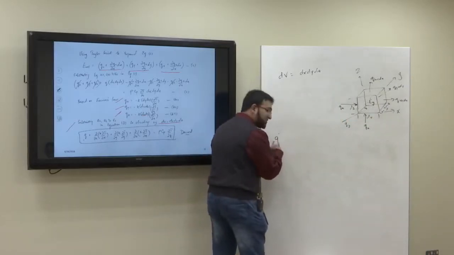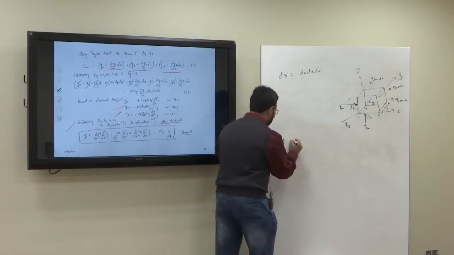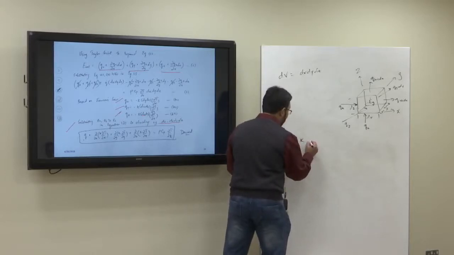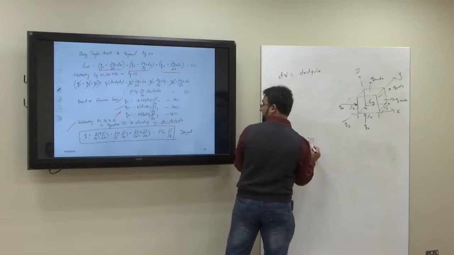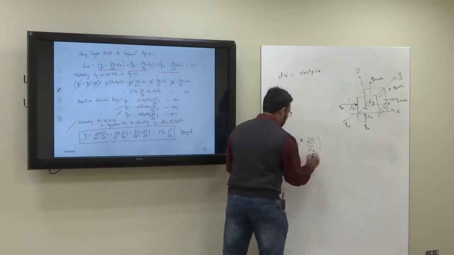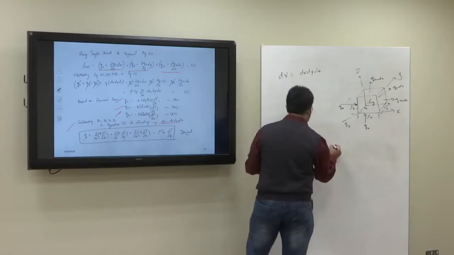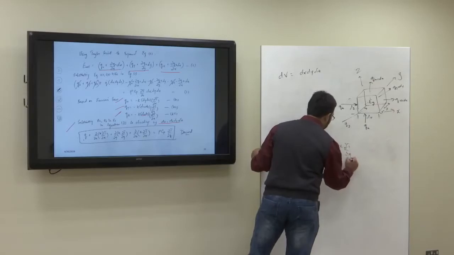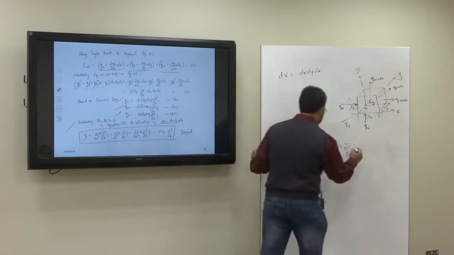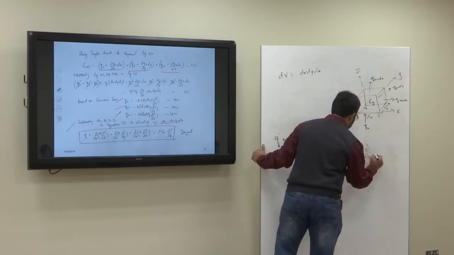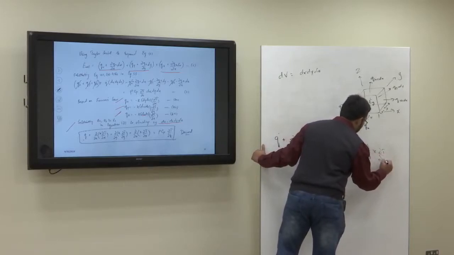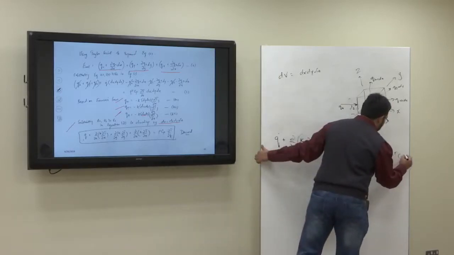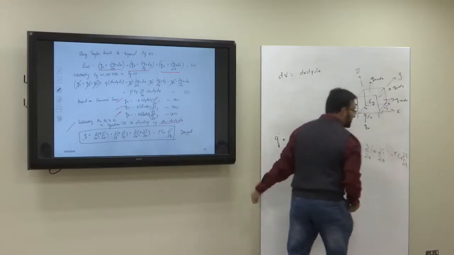So Q dot, that's energy generation per unit volume, plus ∂/∂x of (K ∂T/∂x), plus ∂/∂y of (K ∂T/∂y), plus ∂/∂z of (K ∂T/∂z), equals ρ Cp ∂T/∂t.